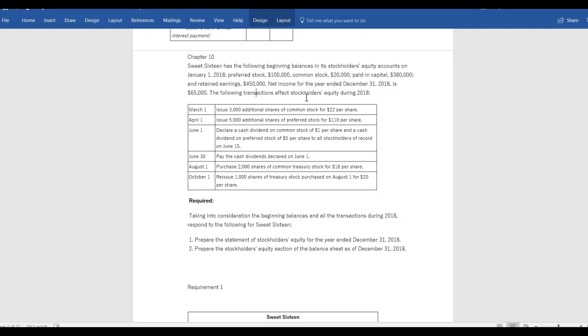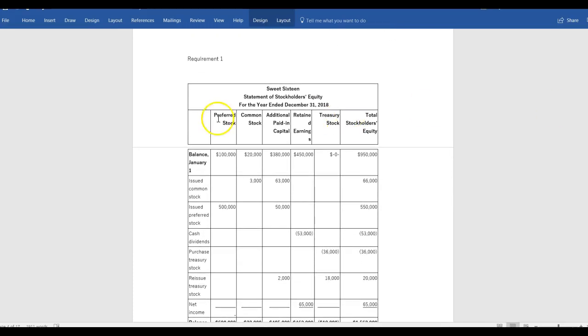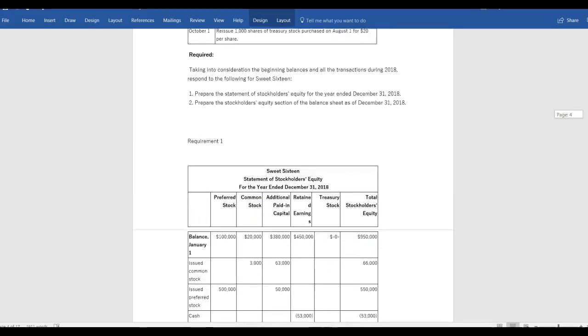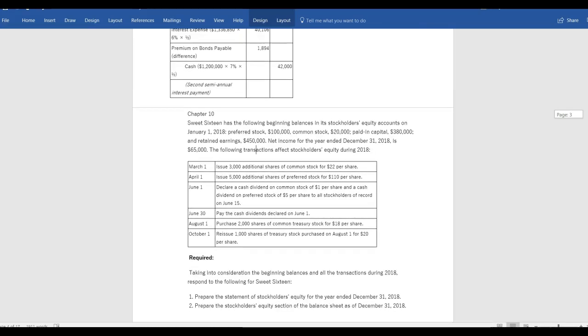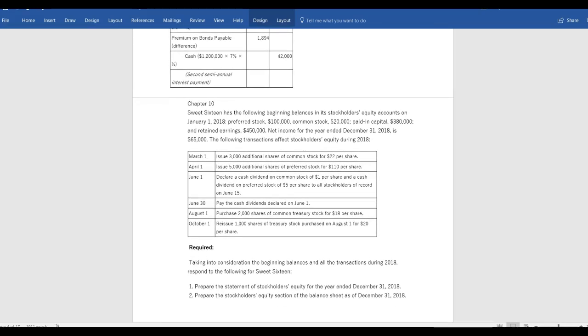$110 per share. So in that particular case, we would show the preferred stock, the 500,000, and the additional paid in capital here of $50. Now, I believe it shows preferred stock 100, common stock 20, paid in capital 380. The following transactions affect the accounts during the year.